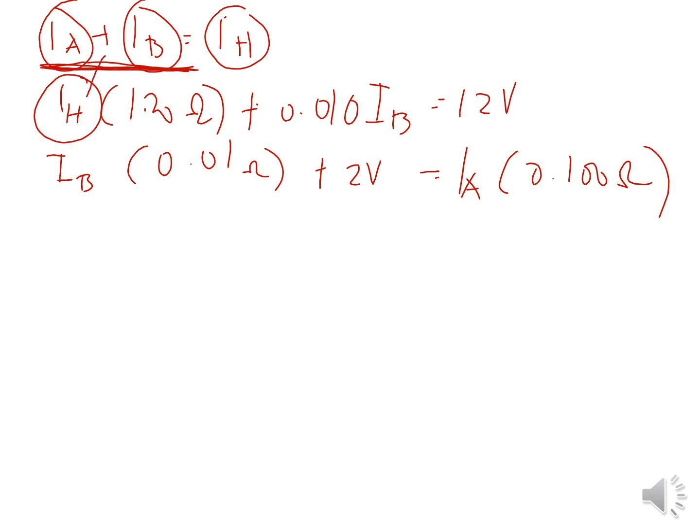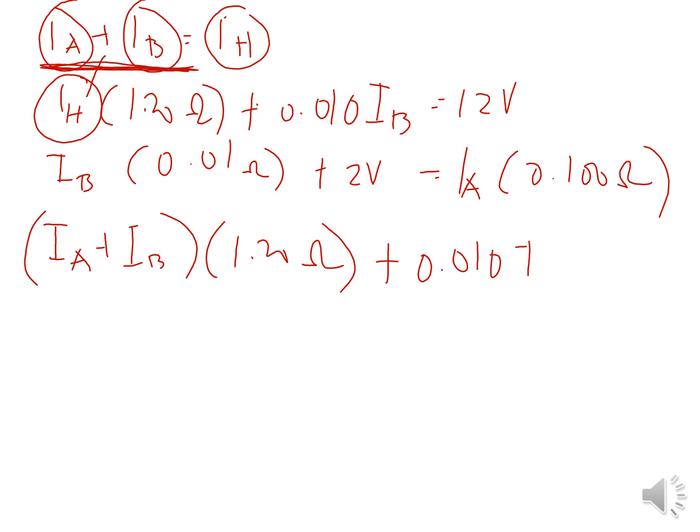So the IH here can be written as IA plus IB. Substitution method. Then 1.20 ohms plus 0.010 IB equal to 12 volts. Or you can put the 12 volts inside here, so that will become negative, and that will be equal to 0.